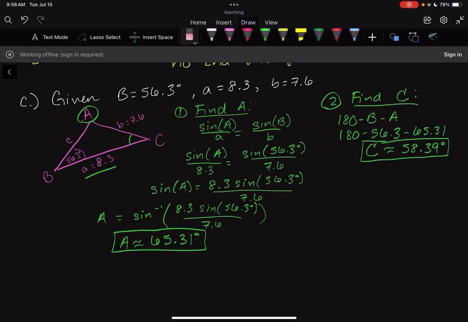And then for my last step, the only thing that I'm missing at this point is side C. So let's go and get that. So I'm going to find side C. To do that, I still want to use my fully developed ratio of B. So I'm going to plug everything in and see what I get. I know I'm doing this process fairly quickly.